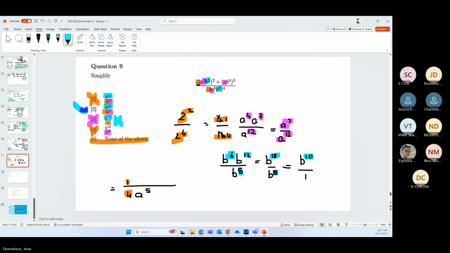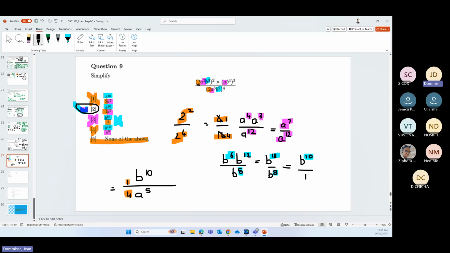And here it was correct on blue, correct on purple, but not correct on orange. Okay, so the answer that we're looking for is option 2.